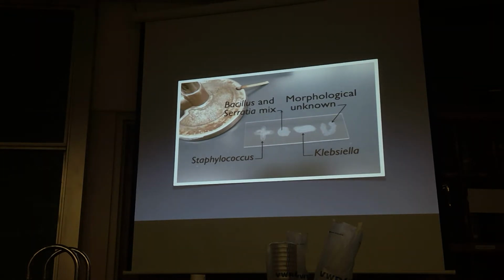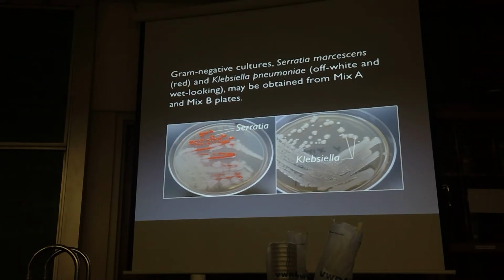Notice that the smears appear whitish against the dark background. So do not put your slide on a piece of paper where you can't see what you're doing. So we make our smears. Here's showing Serratia and Bacillus on the Mix B plate. Serratia is the red one. You can get it from a lot of different sources. For the Bacillus, use the slant, please.